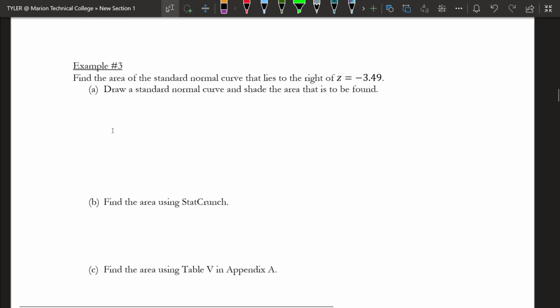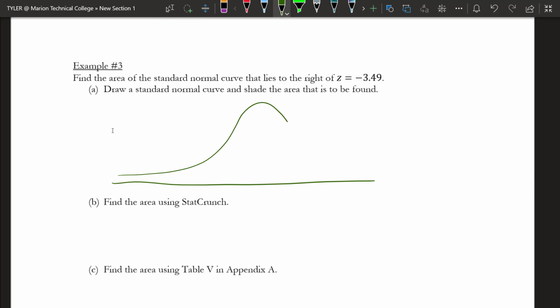So the next example, example 3, this time we're finding area to the right. It says find the area of the standard normal curve that lies to the right of z equals negative 3.49. If I want to draw a graph of this, there's my z-axis.